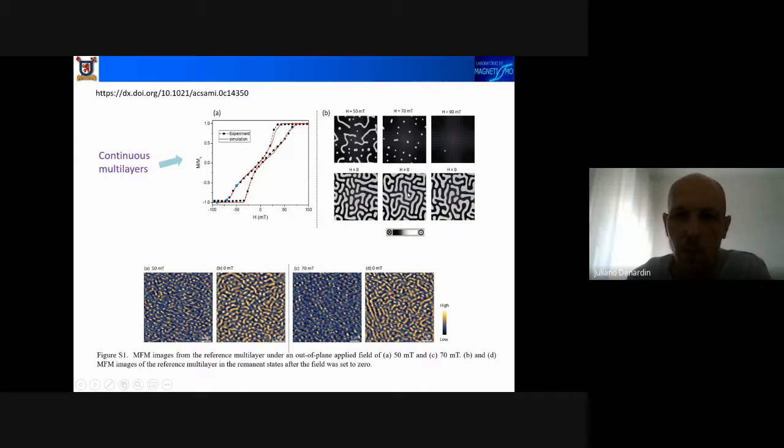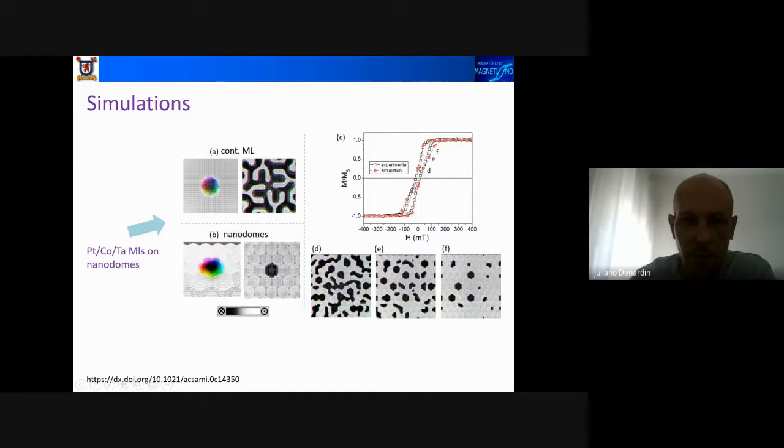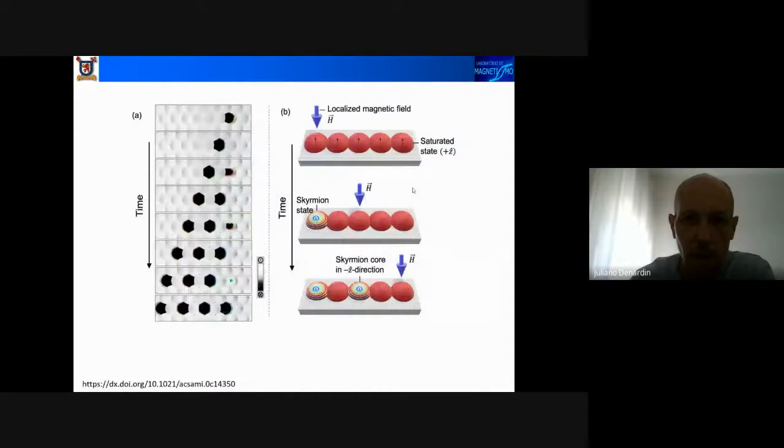And we did simulation, and at the end we proposed this kind of racetrack, not quite a racetrack. Basically, we proposed this: a way to stabilize skyrmions on a racetrack made of nanodomes, by a localized magnetic field, like the one we can generate with an MFM tip.